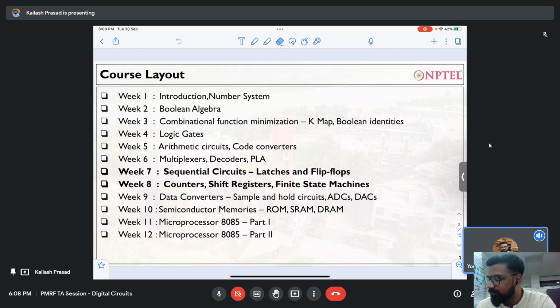So that was the last lecture: the sequential circuit, then counters, then data converters. In this lecture, we'll be discussing semiconductor memories, along with some questions on analog to digital converters.